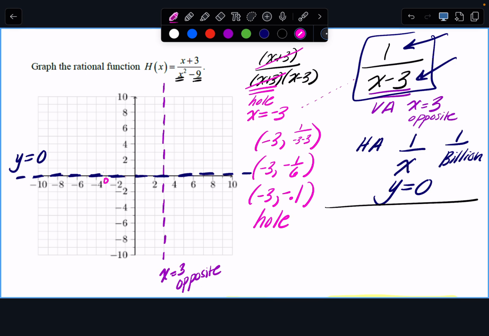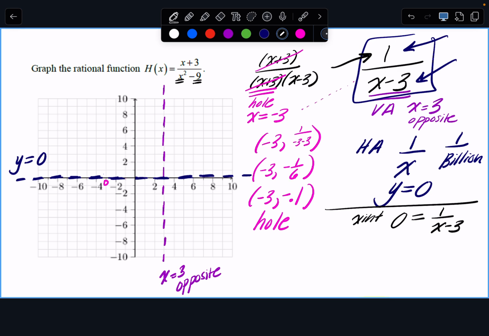Would you like to do x and y intercepts? Might as well, or no? What do you think? Sure. So x-intercept is y equals 0. So say 0 equals 1 over x minus 3. Remember, you should be using the simplified function. Then we know we just set the top equal to 0.